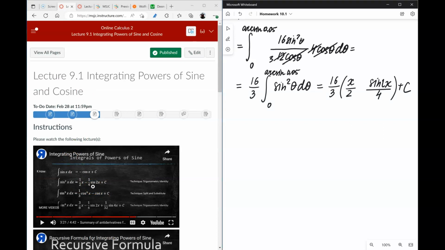It's minus, so I didn't memorize it, I guess, well enough. And since we have a definite integral, we don't do plus c. We use the fundamental theorem of calculus, so we evaluate it at the boundaries. And in our case, that just means we plug in arc sine of 0.05.